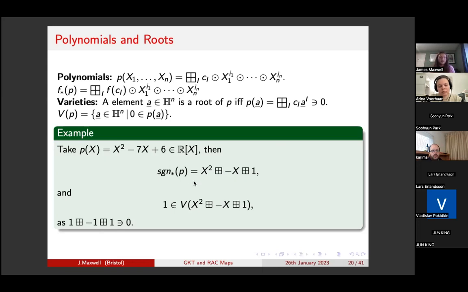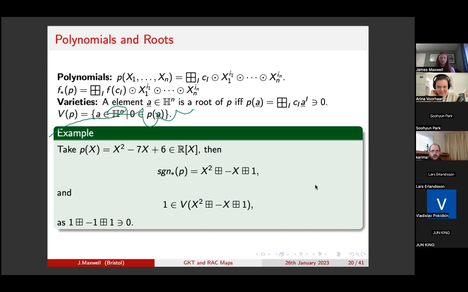Then we can say that the element 1 is in the variety of this, because when you evaluate, you'd have 1 squared, which is 1, plus minus 1, plus 1, which includes 0. Because 1 plus minus 1 is the whole set, and then you add 1 to this, you're still left with the whole set.